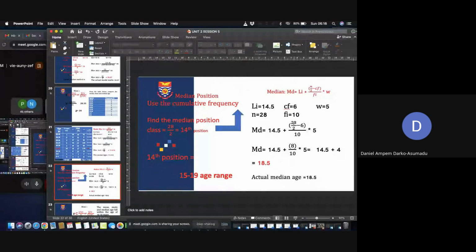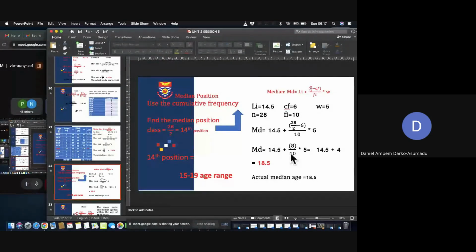So 28 over 2 is 14. 14 minus 6 is 8. I've broken the numerator down. So 14.5 plus 8 over 10 times 5. 8 times 5 is 40. 40 divided by 10 is 4.